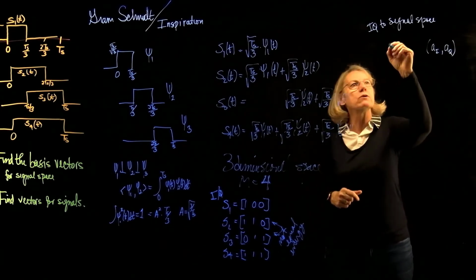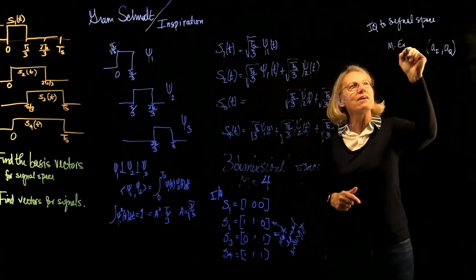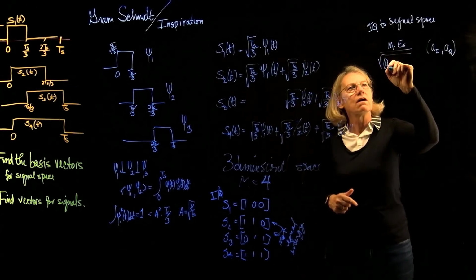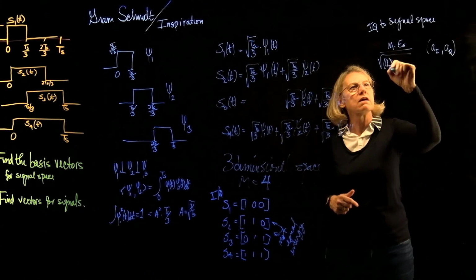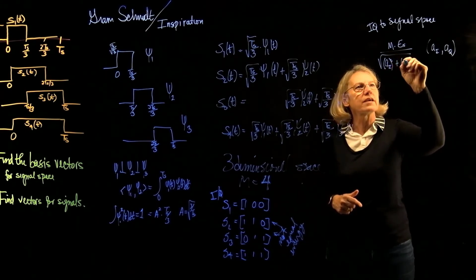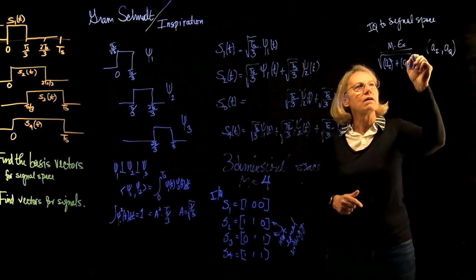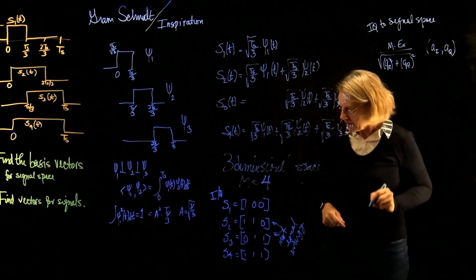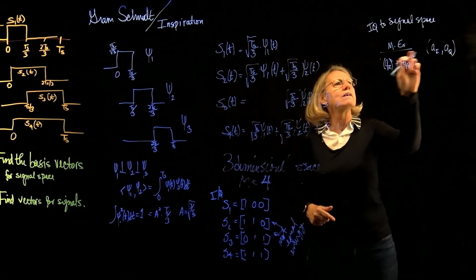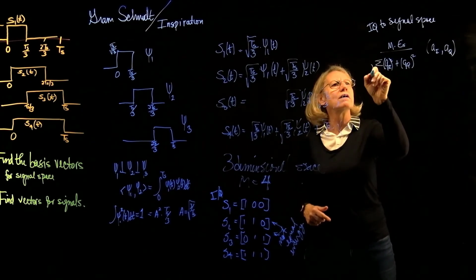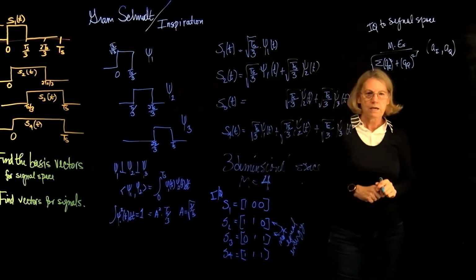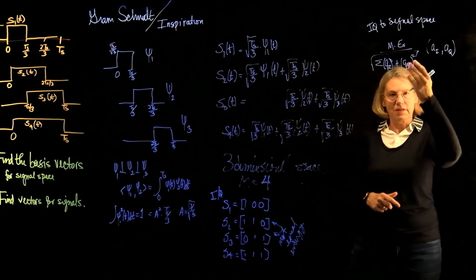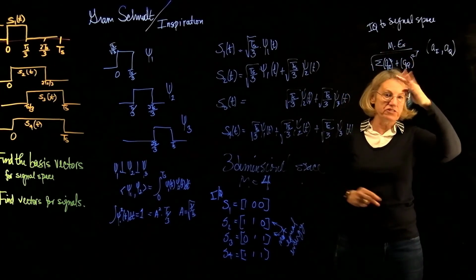The scaling factor I use is the square root of m times E_S divided by the sum of the squares of the coordinates, A_I squared plus A_Q squared, for all of them. The square root should be over the sum. So this is basically calculating the energies and taking 1 over m, getting the average energy, and this is why this works.